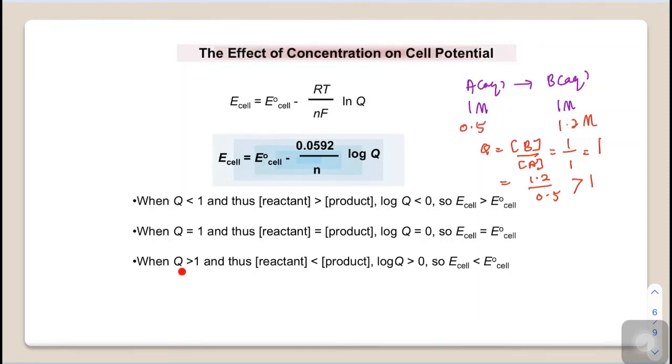If Q is greater than 1, the log Q will be greater than 0. Therefore, the E cell will be less than the E naught cell, the standard cell potential. This is how we predict what happens if we change the concentration. Look at what happened to the Q, and we know what happens to the E cell.